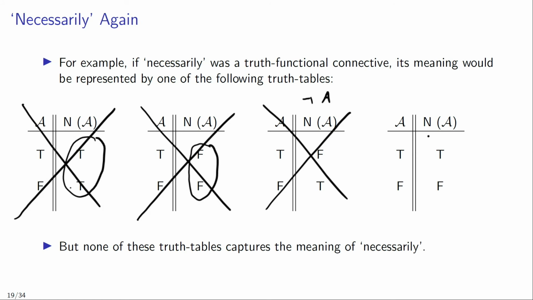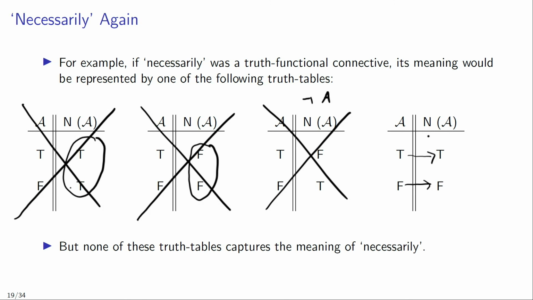Now let's finally look at the fourth truth table. This truth table in effect tells us that necessarily is idle. So it tells us that the truth value of necessarily A always is the same as the truth value of A. So we could, in principle, omit necessarily and just say A. But that seems false.